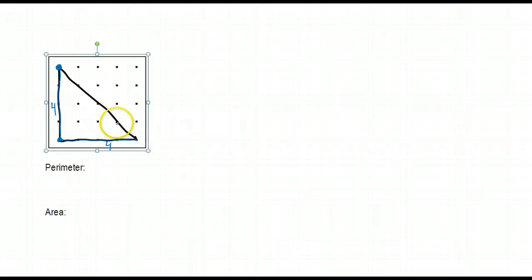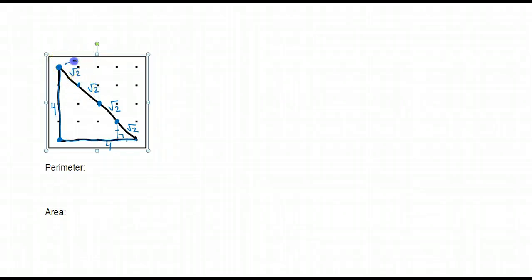If I look at this small right triangle right here, it's an isosceles right triangle. If this side is 1 and this side is 1, this hypotenuse is going to be longer. How much longer? It's going to be the square root of 2 times longer. This length from here to here is the square root of 2, and diagonally from here to here is the square root of 2, and again from here to here is the square root of 2.